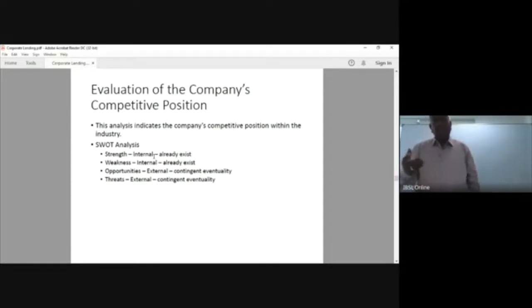So for that purpose, you will do a SWOT analysis. SWOT analysis means most of you may be aware of it.